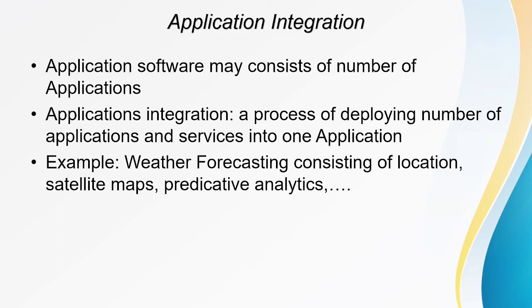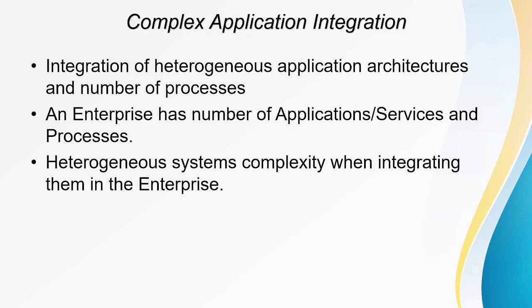So you are clubbing every application into one, for example weather forecasting, satellite maps, predictive analytics, and many other things. It involves integration of heterogeneous application architectures and a number of processes.